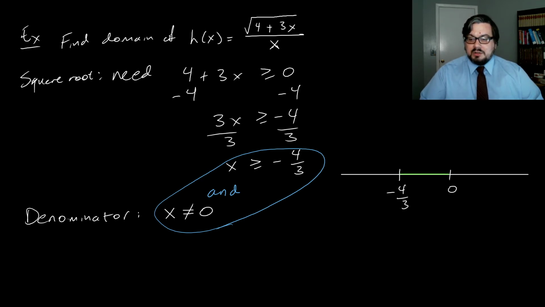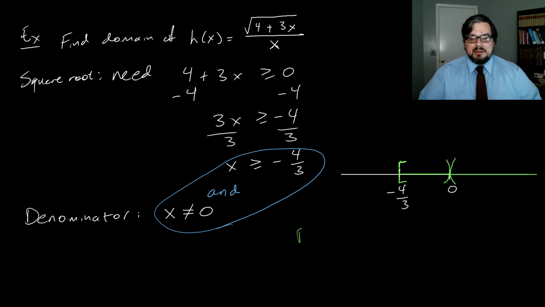So we want all numbers that are greater than or equal to negative 4/3. So we're going to get a square bracket there at negative 4/3, but not equal to 0, which means that we're going to remove 0 from that interval.